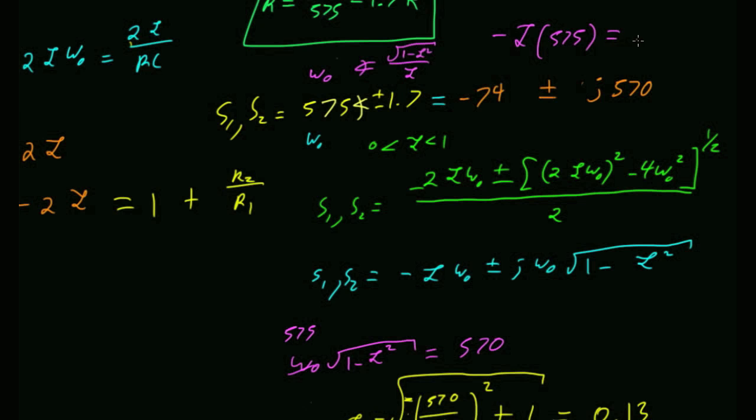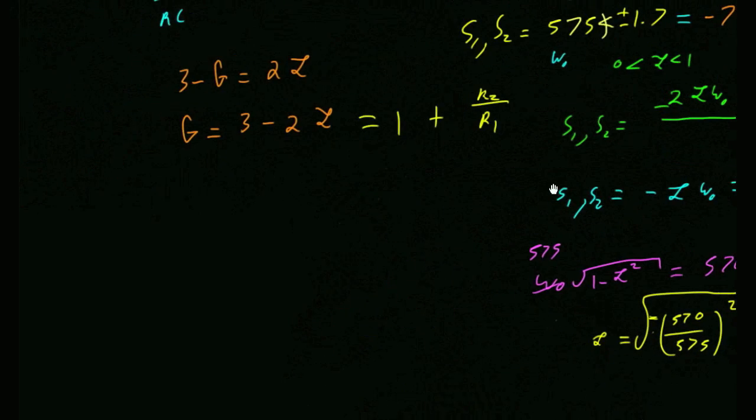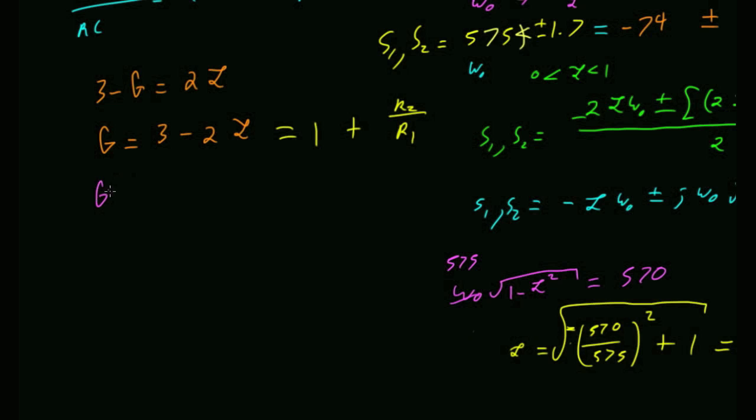Okay, so let's finish this. 3 minus 2 times 0.13 has to equal my gain. So let's figure out what is R2 over R1.